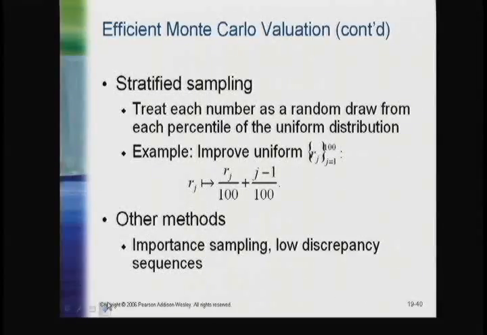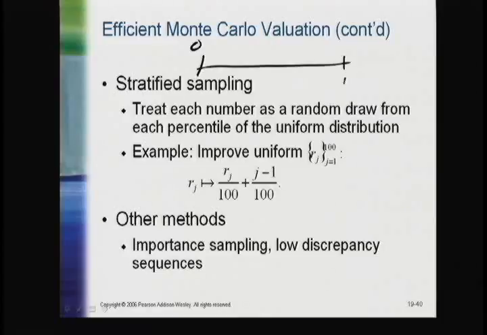Stratified sampling is the last method discussed in the chapter, and this is a way of doing a better job getting a random sample. So imagine that you're trying to do a random sample from 0 to 1. You might think it difficult to get values that really fill in. You generate 1,000 uniform random variates between 0 and 1.